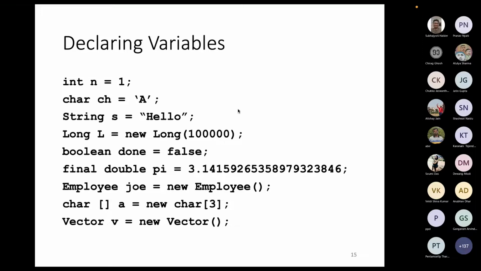Let us say that this 1 lakh is a literal of type int. If that is the case, it will be taken as an input to the constructor of the Long type, which will convert it to the type capital Long. So this is what is happening in this particular statement.